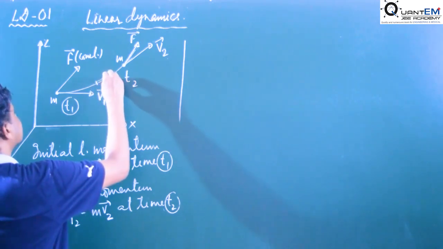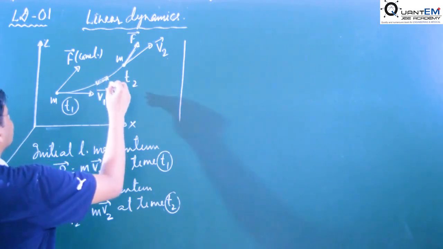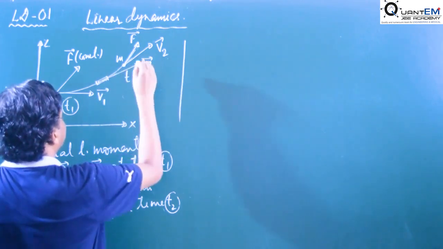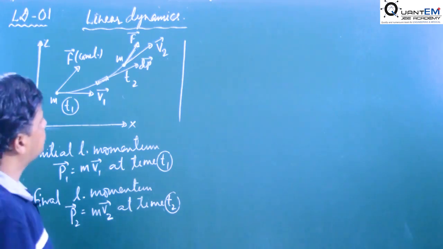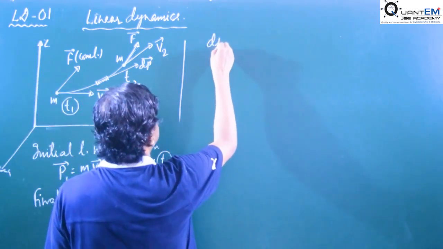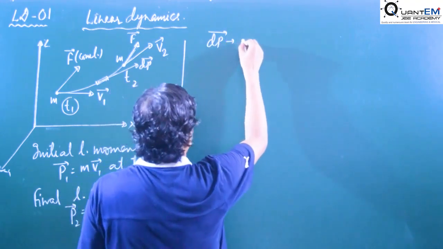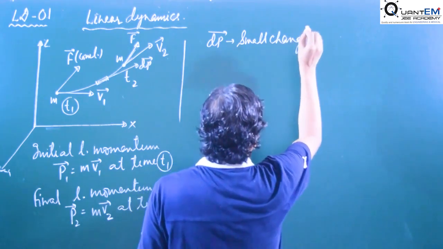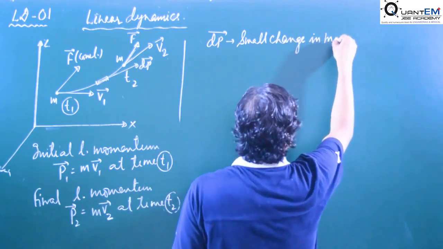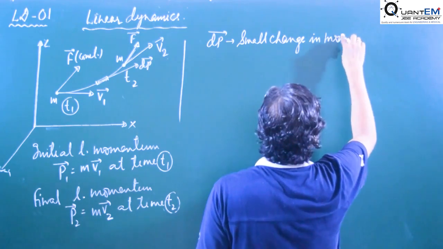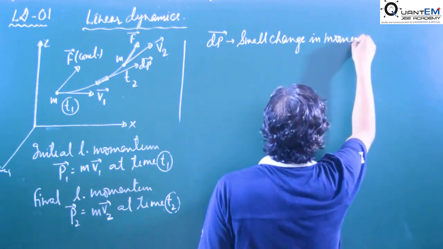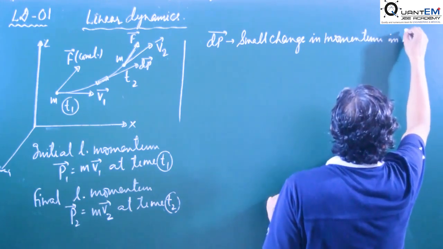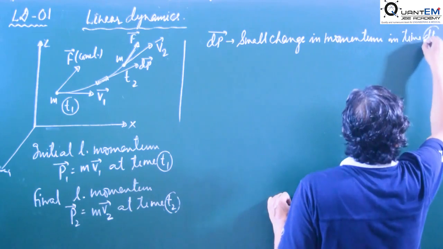Suppose we consider dp. dp is the small change in momentum in what time? dt. So we have dp as the small change in linear momentum in time dt.